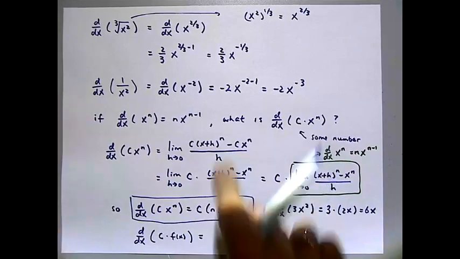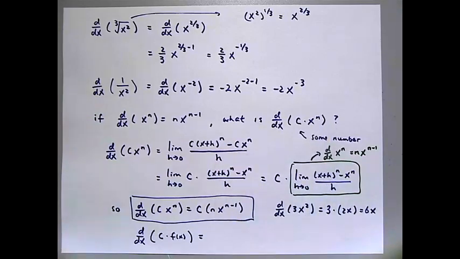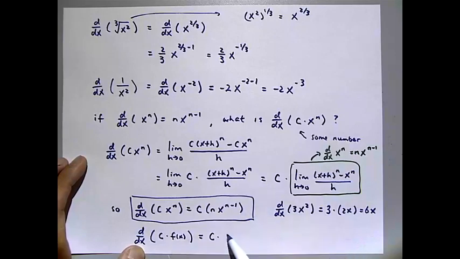In fact, using the same limit thing we just did, we can actually show that the derivative of c times any function, not just x to the n anymore, the derivative of c times f of x is equivalent to c times the derivative of this f of x, which would be f prime.